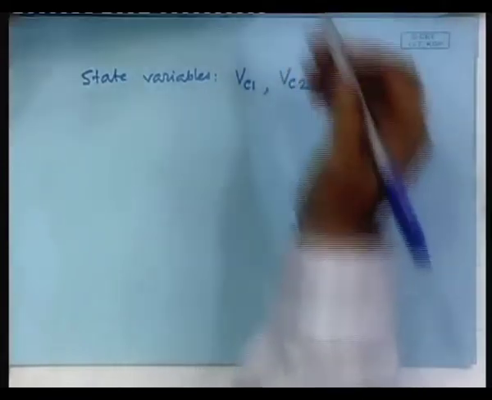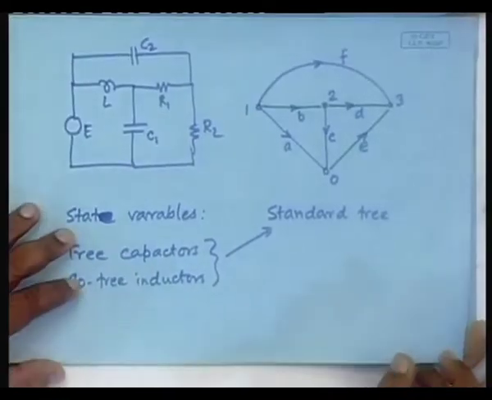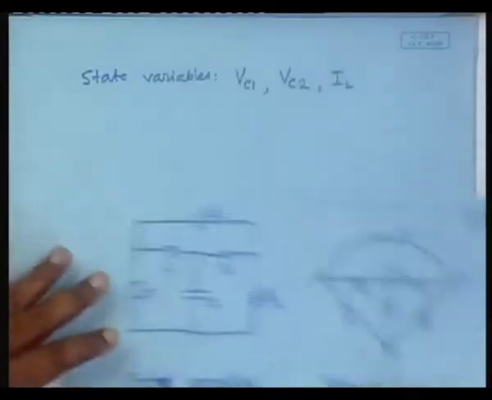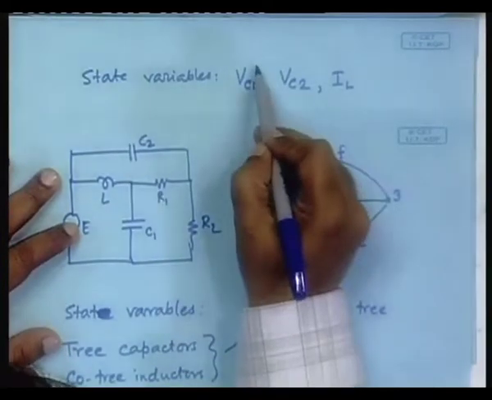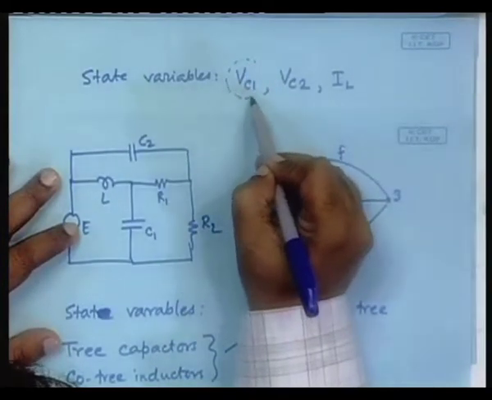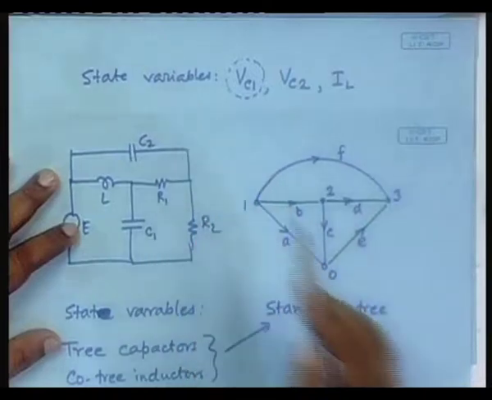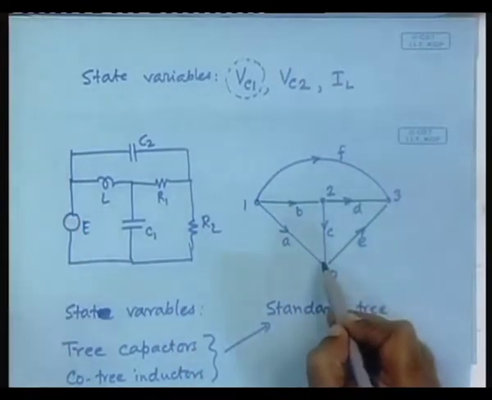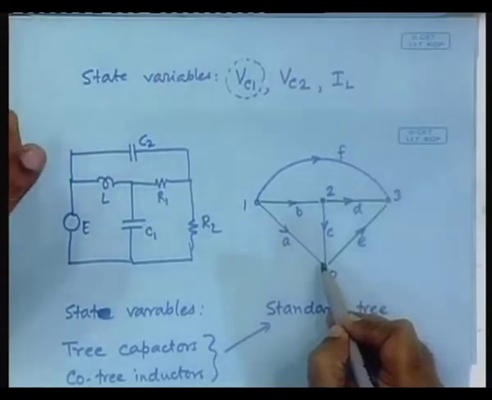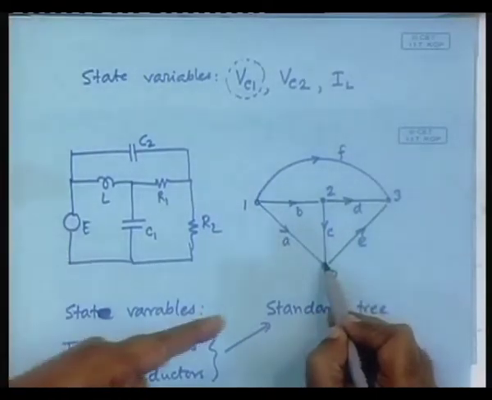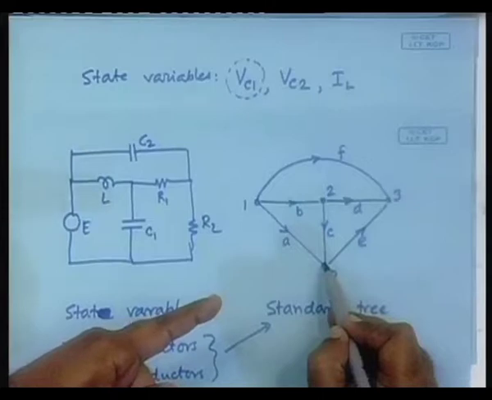So, now let me, first your job is to identify, suppose you are obtaining the equation for VC1 here, identify what? A basic cut set that contains this branch. Can you identify?